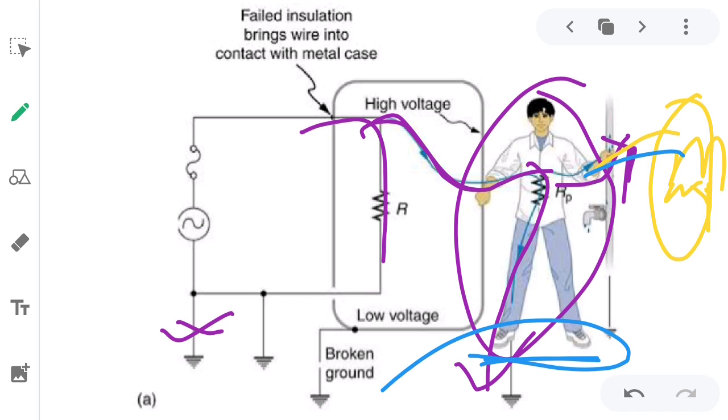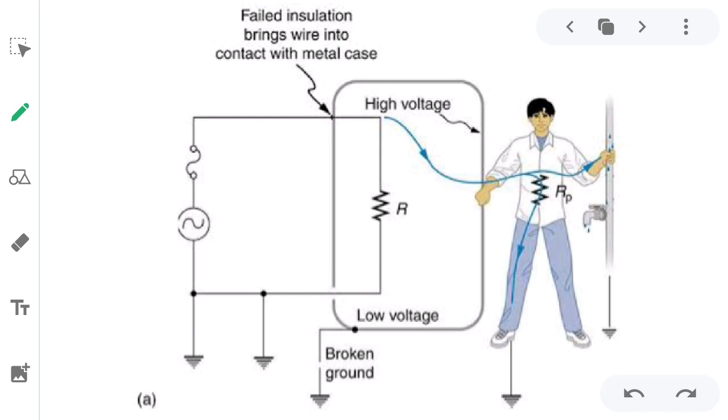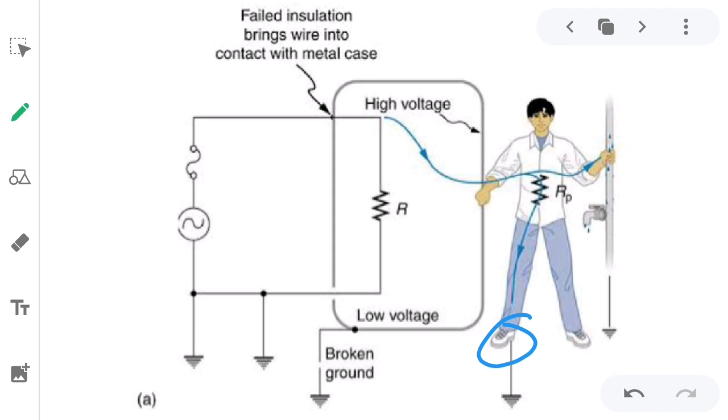Like in this picture, this person is wearing shoes. If the shoe is of rubber, the current will go to his shoe, and it will not get a place to go to earth. If the current does not get earth, the flow of current will stop there, and the person will not get the shock.